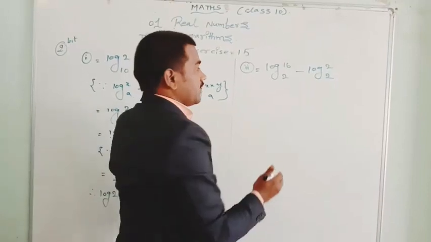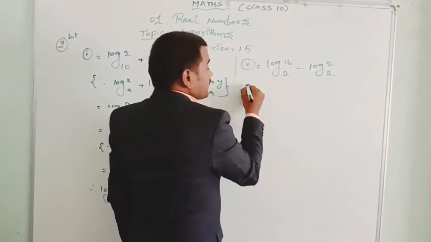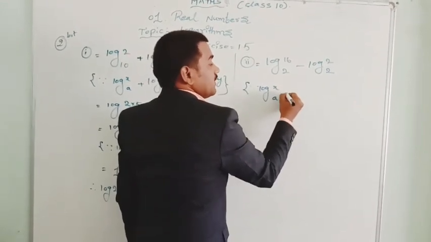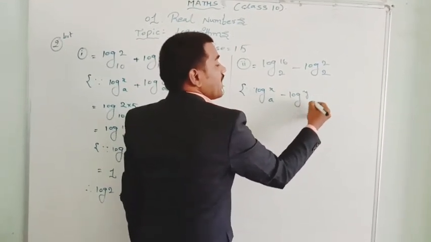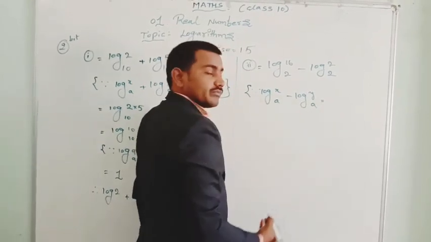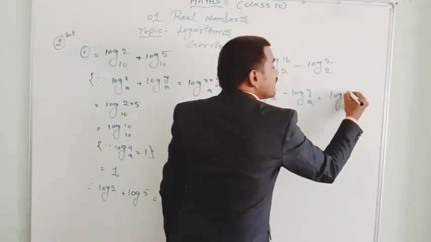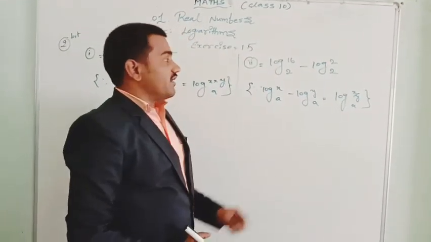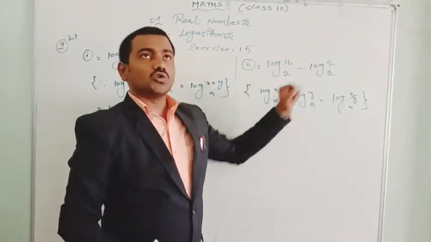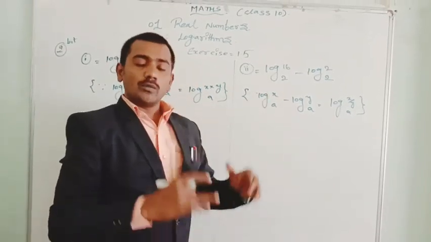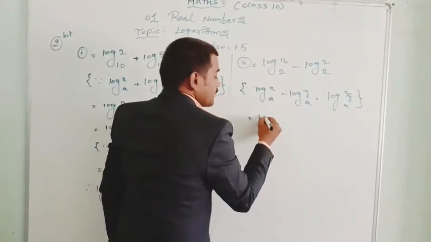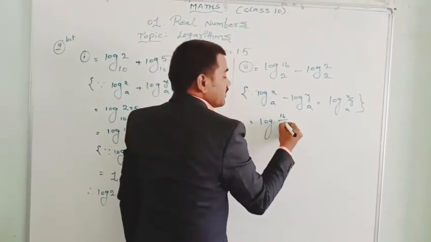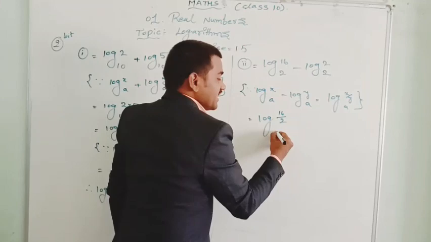Okay, so here it is in the form of log x base a minus log y base a equals log x by y base a, where x equals 16, y equals 2 and base a equals also 2. Let us solve the problem by substituting those values. Log x, that is 16, by y, that is 2, base also 2.